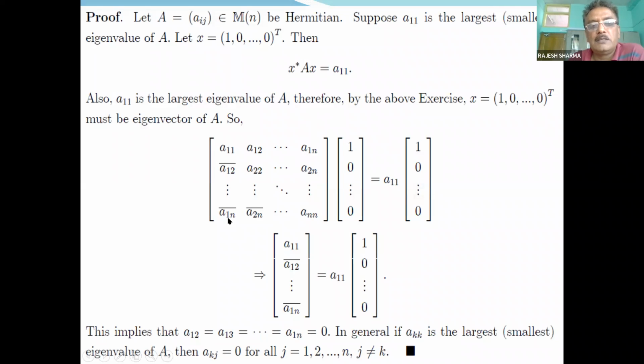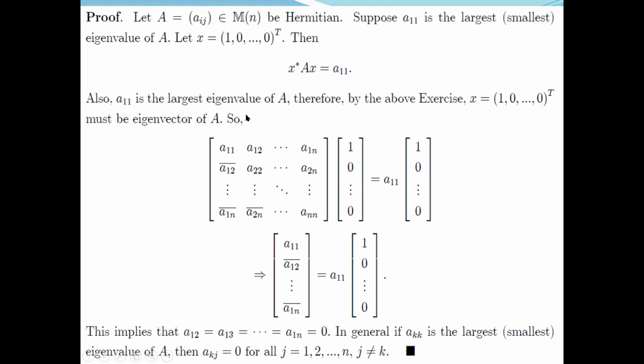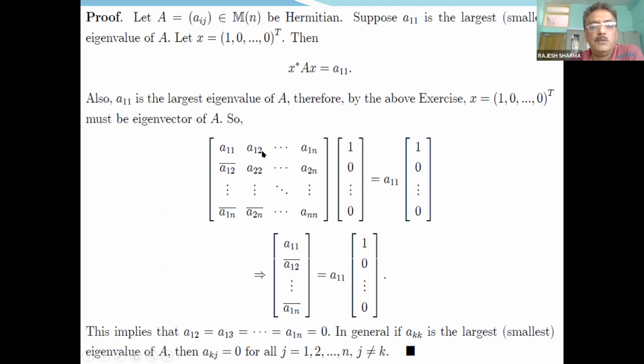So this is just the first entry, and in general we can take x to be ek, where ek is the column vector whose kth entry is 1 and all other entries are 0. Then we again get that all the off-diagonal entries in that row and column are 0.